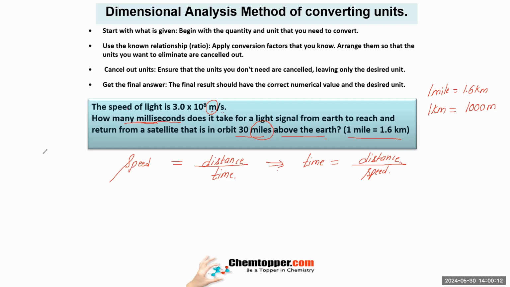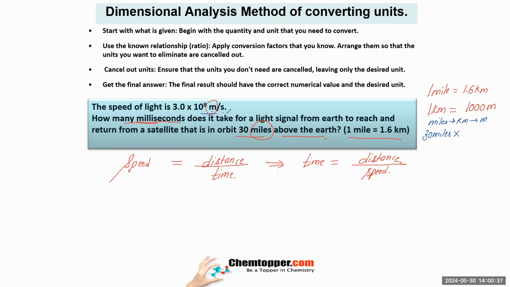So I can convert the distance using dimensional analysis, starting with 30 miles. Plug in the ratios: you will go from miles to kilometer and from kilometer to meter. Why am I doing so?